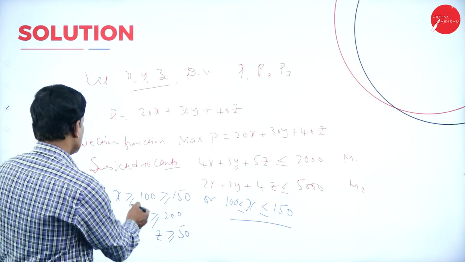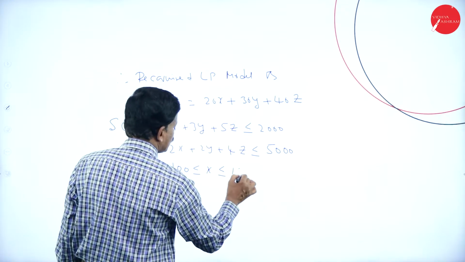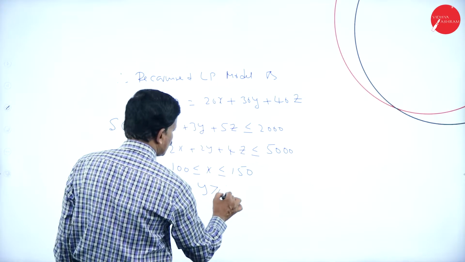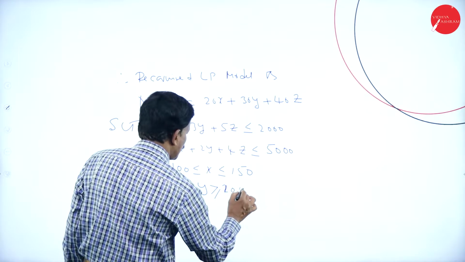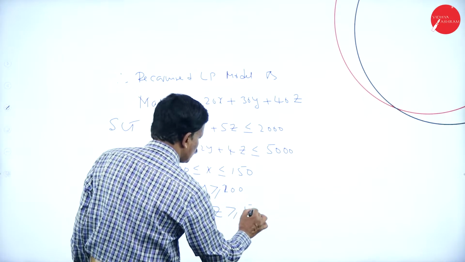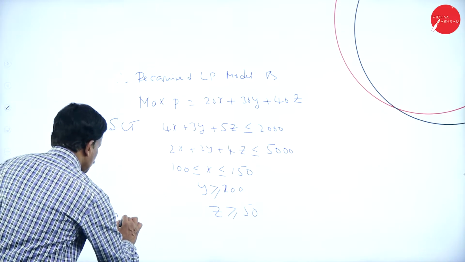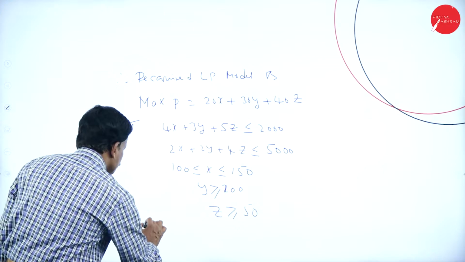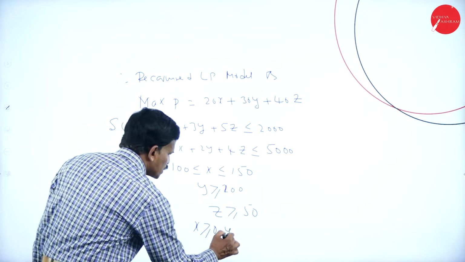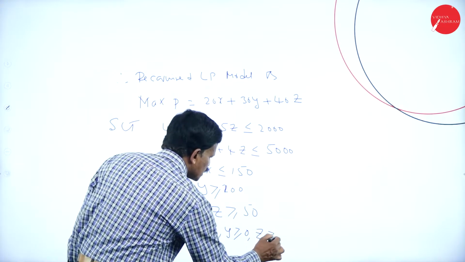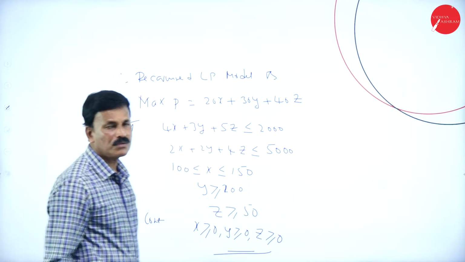Further, 100 less than or equal to x less than or equal to 150, y is greater than or equal to 200, and z is greater than or equal to 50, subject to the non-negative constraints: x greater than or equal to 0, y greater than or equal to 0, and z greater than or equal to 0. This is the required LPP model for this problem.